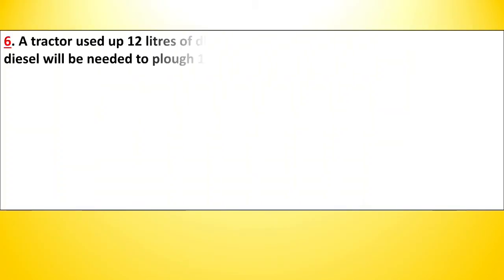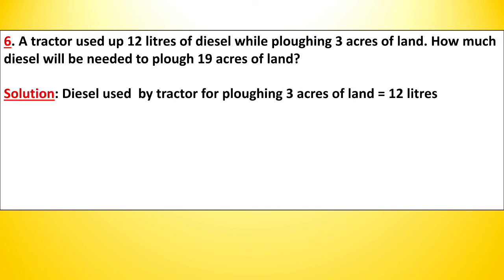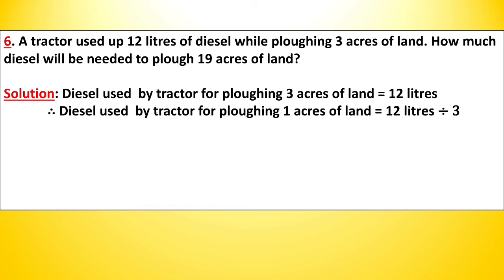Now question number 6. A tractor uses up 12 liters of diesel while ploughing 3 acres of land. How much diesel will be needed to plough 19 acres of land? Diesel used by the tractor for ploughing 3 acres of land is 12 liters. Here we have to find how much diesel is used to plough 1 acre of land. So 12 divided by 3 is how much? 4 liters.